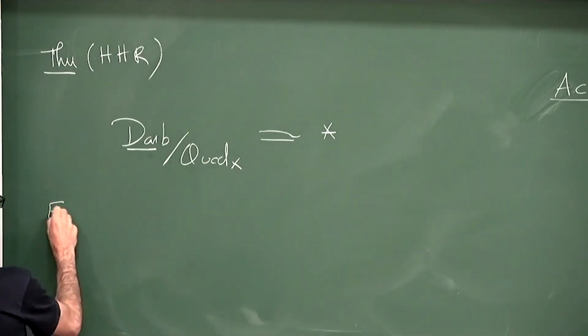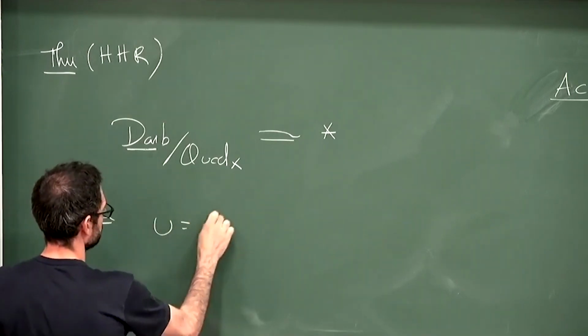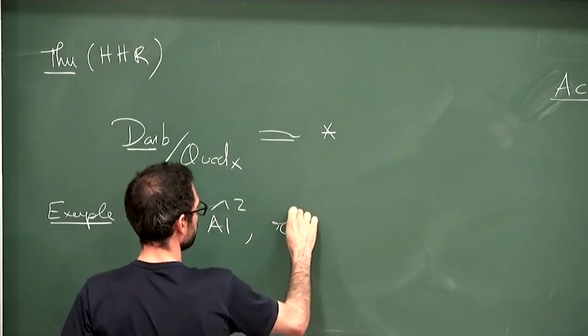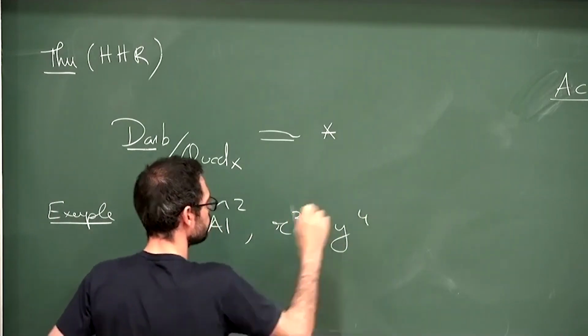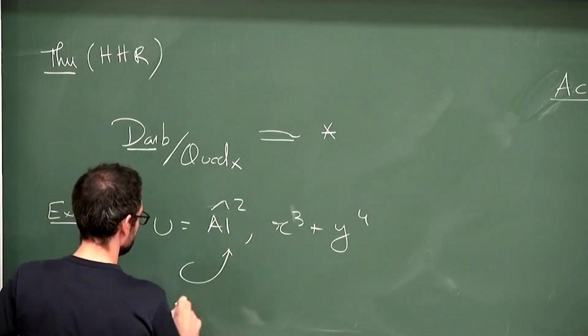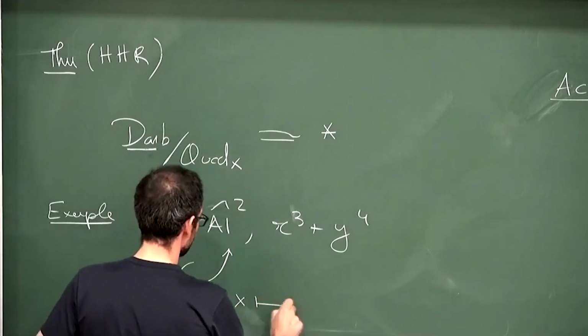So as an example, let me fix a critical chart given by A2 with the function x cubed plus y to the fourth. And let me give you an automorphism that does the following thing. It's a formal thing.